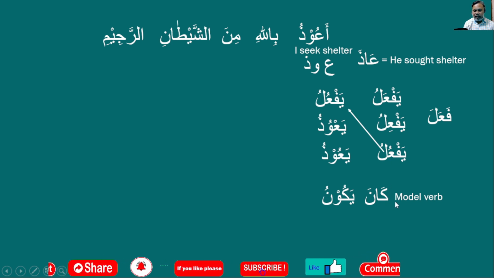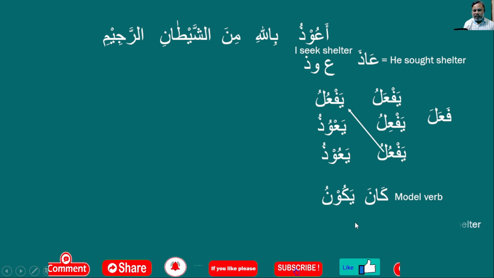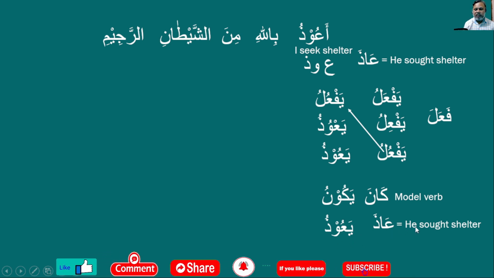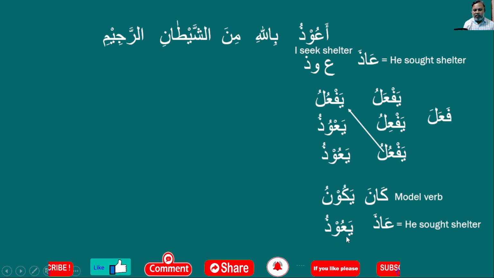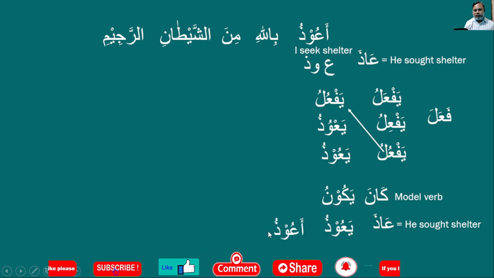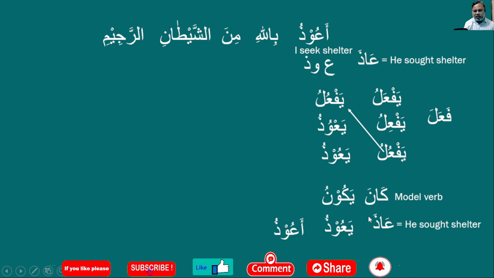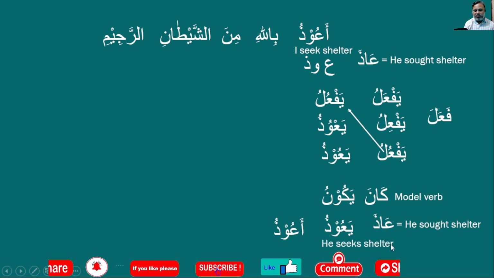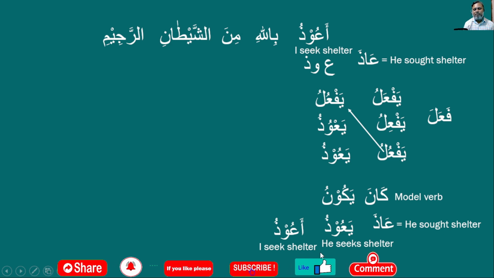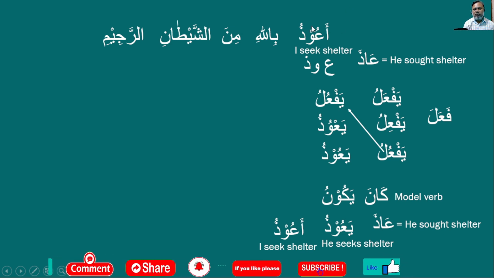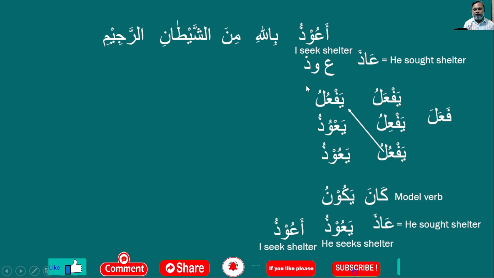So if kana is yakunu, then aza will be ya'uzu, meaning he sought shelter, and for I it will be auzu. This is for he ya'uzu, for I auzu. He seeks shelter, and I seek shelter. This way this word auzu has been derived.